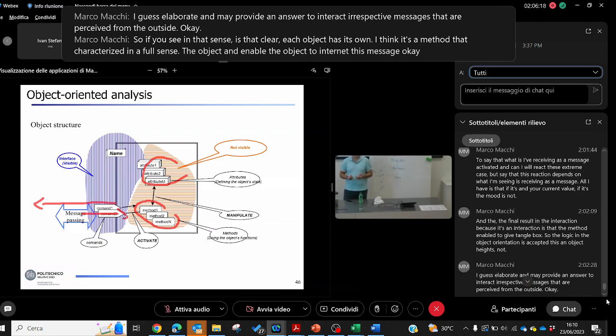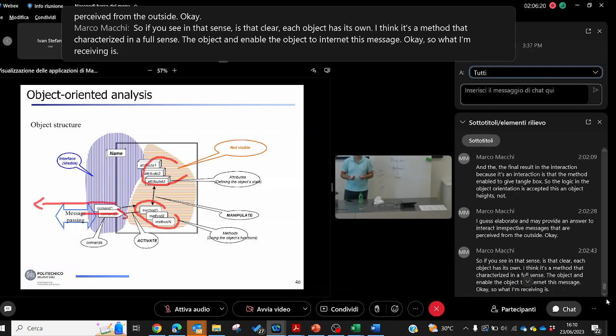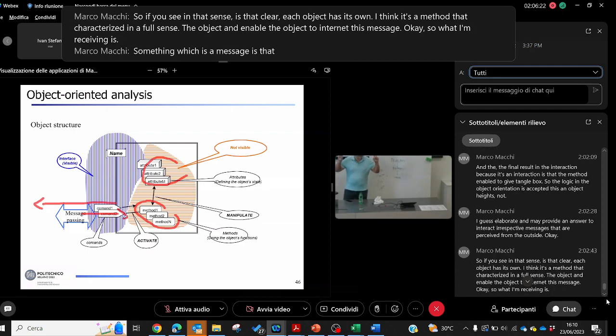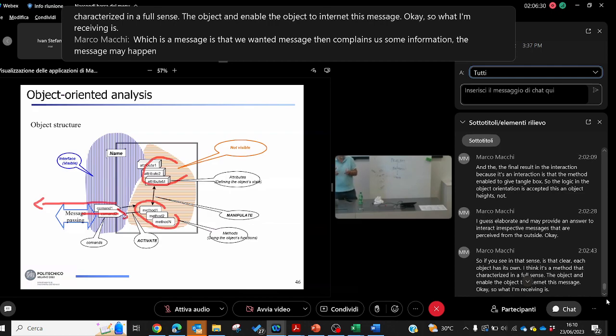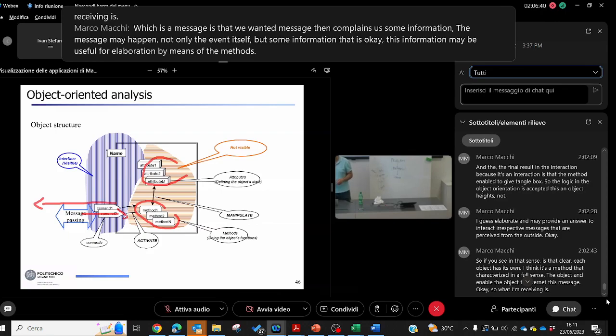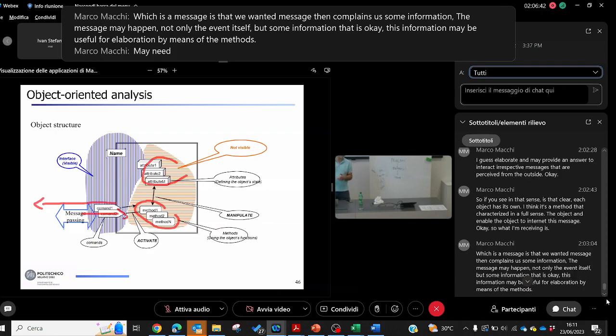So what I'm receiving is a message, which is equivalent to an event, and the message is an event that conveys some information. The message may have not only the event itself, but some information that is brought by the message. And this information may be useful for elaboration by means of the methods, may need some values in the attributes that are hidden in the object, and you may reply with an answer.